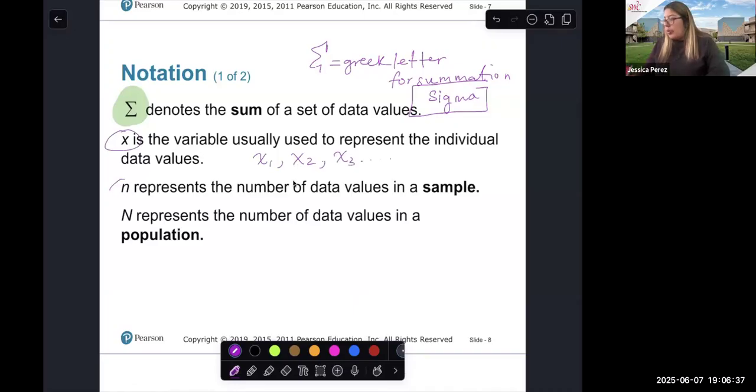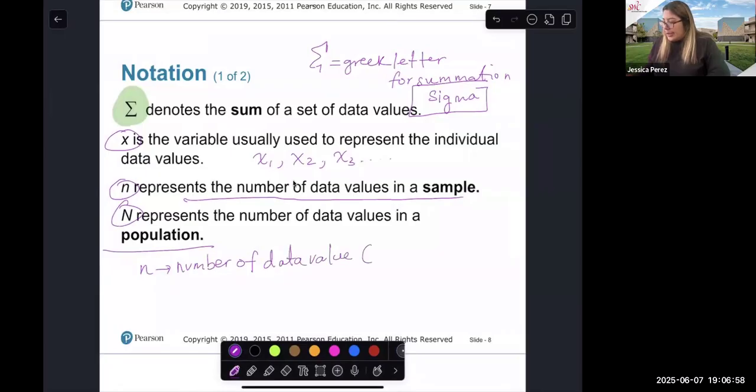Little n represents the number of data values in a sample, versus big N, which is the number of data values in a population.